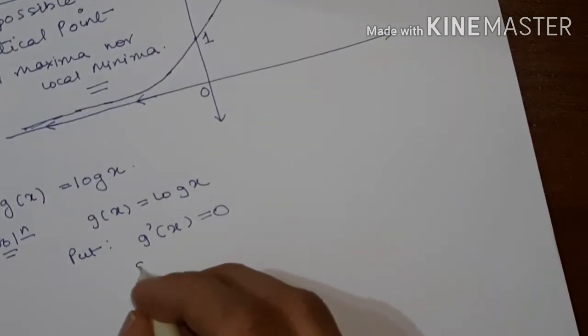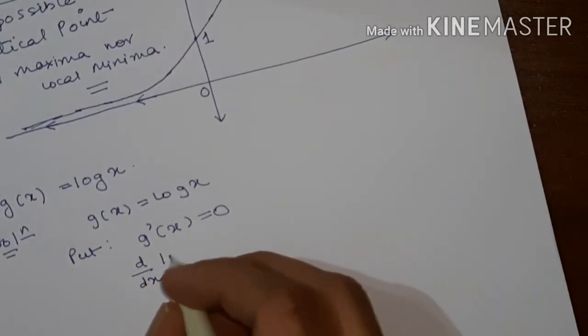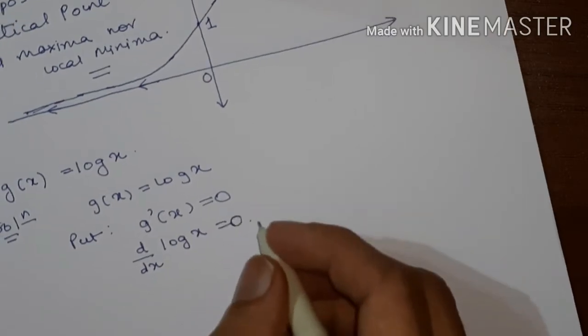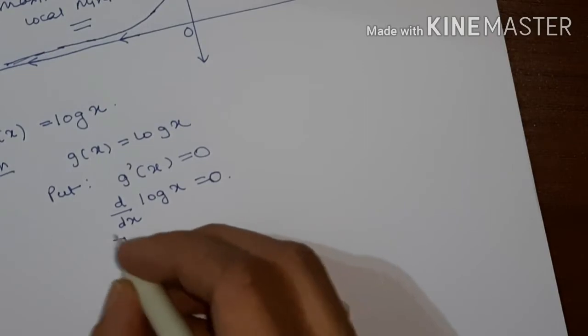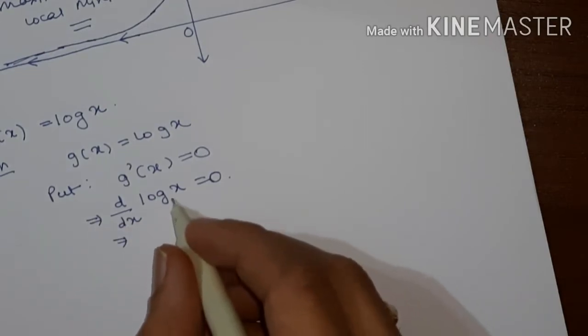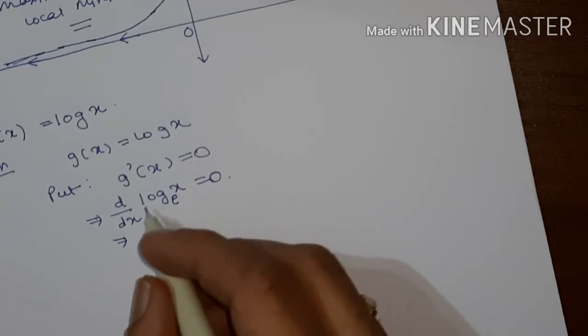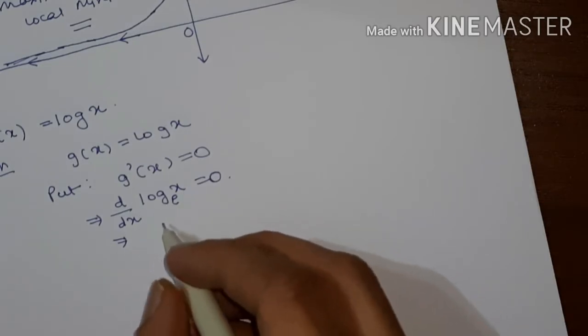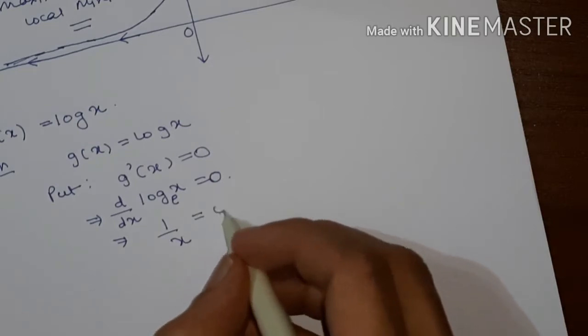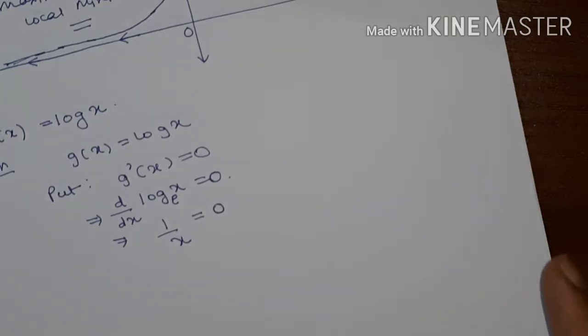That means the derivative of log x is equal to 0. You know this is log base e, so this is the natural log. The derivative of natural log is 1 by x, which is equal to 0.